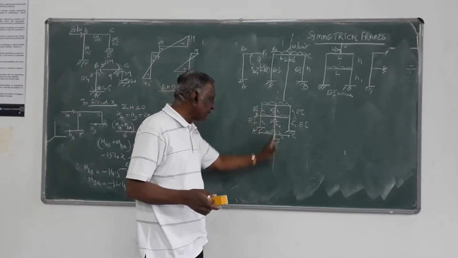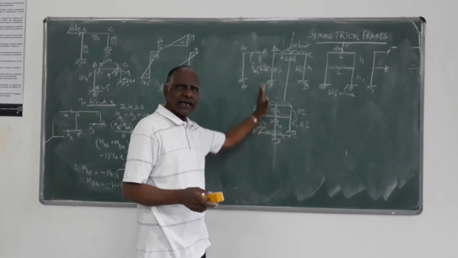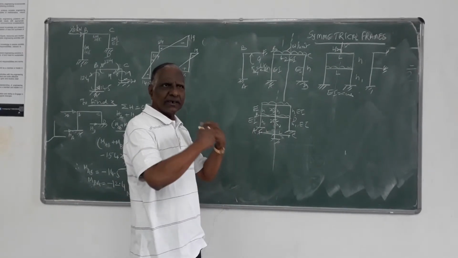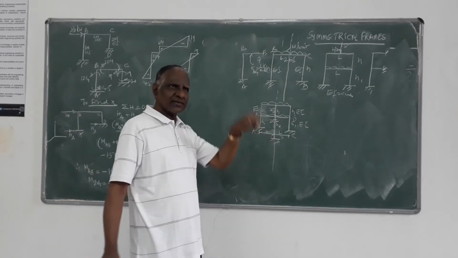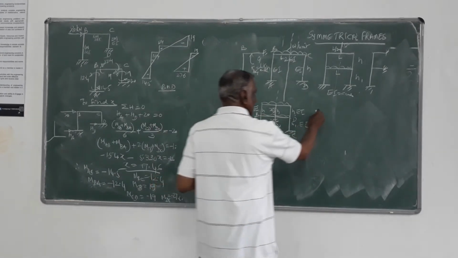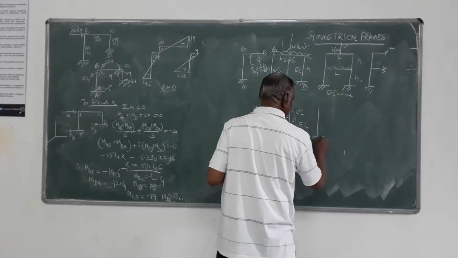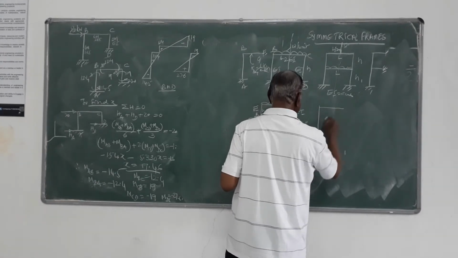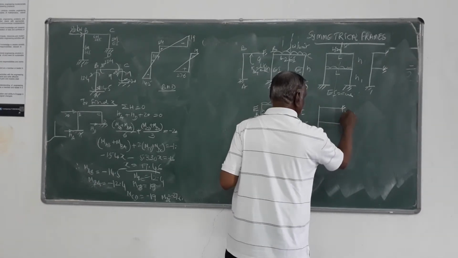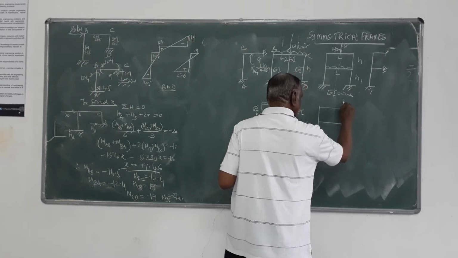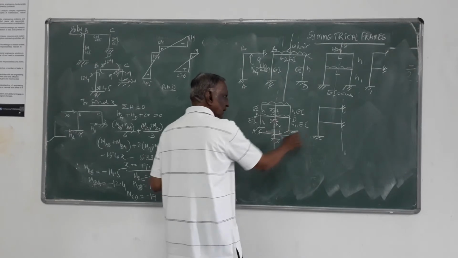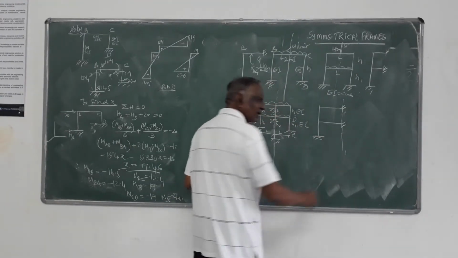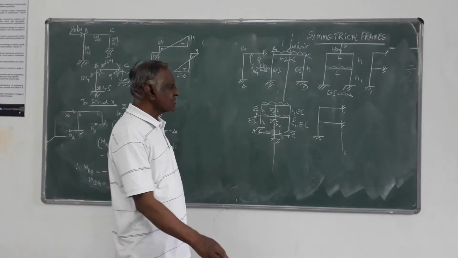If the symmetric line passes through the axis of the member, you can take the member's end moments as 0, because you are taking half the frame only for the analysis, perfectly half the frame, and this is the symmetrical line, and this member is not at all coming into the picture, and that you can take as 0 only.